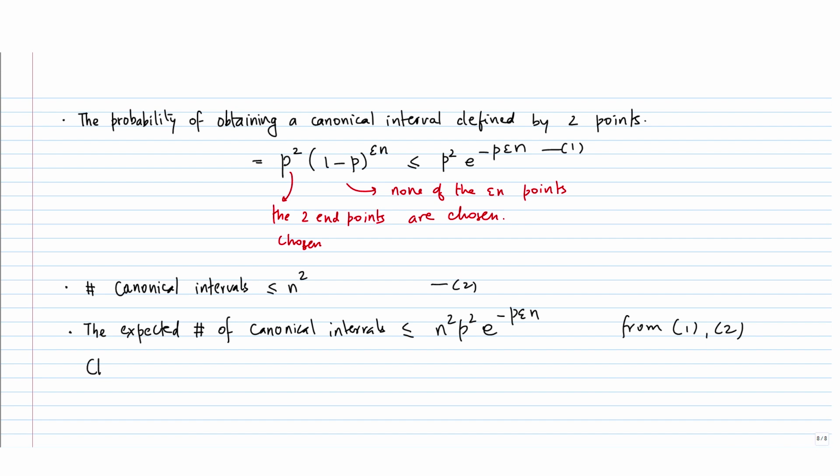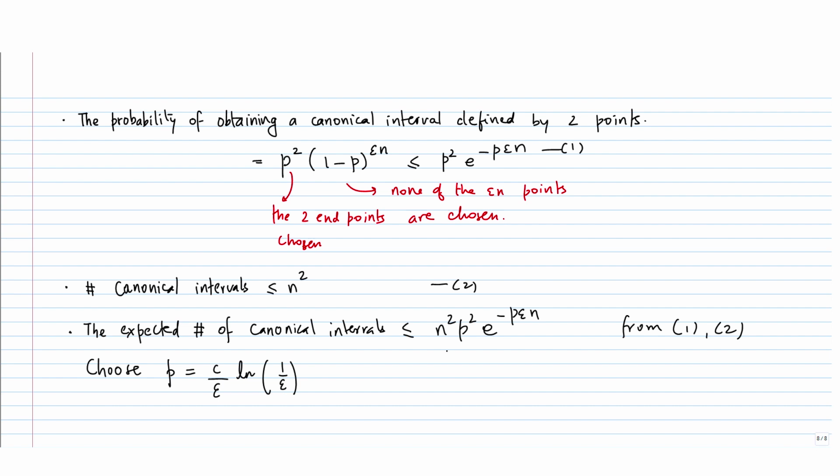So now choose p to be some constant over epsilon n log 1 over epsilon. Okay.